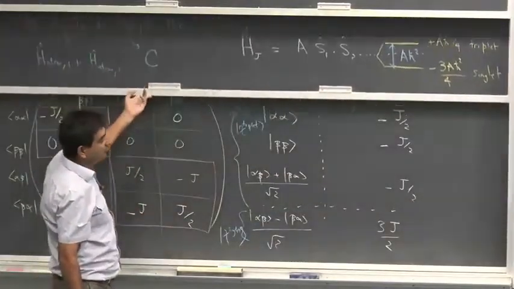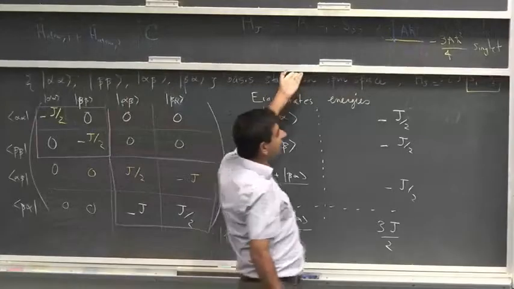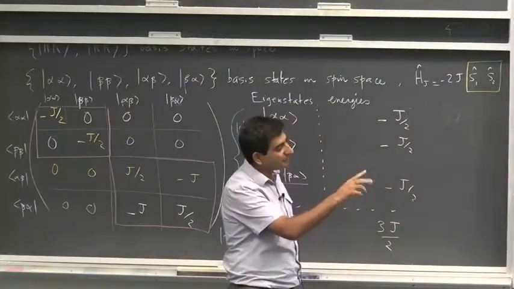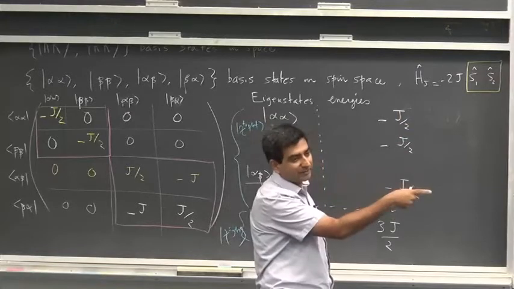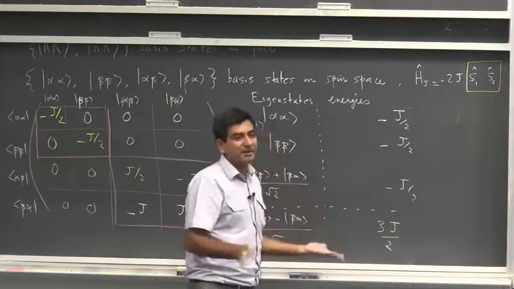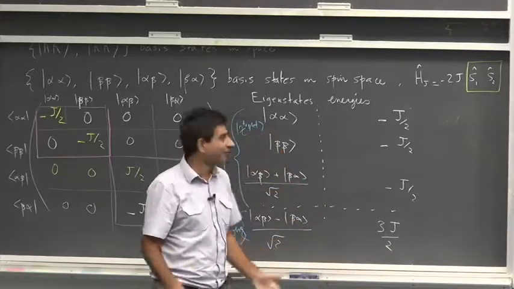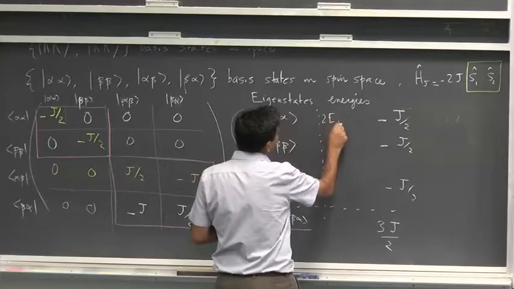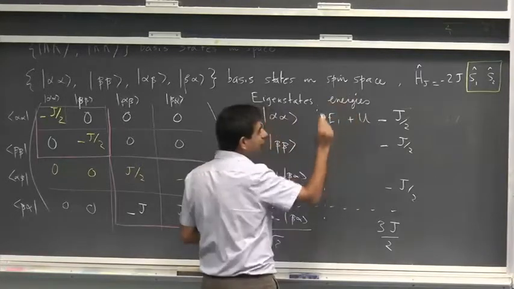And remember one more thing, we've only looked at the exchange part. There are other energy terms that are coming from H naught and Hc as well, and those terms are independent of the spin. So on top of this, we'll have to add 2E1 plus some Coulombic term to all of them.